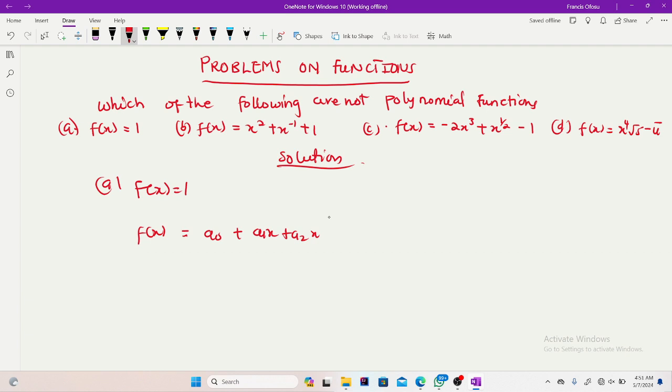So you can have a3 x to the power 3 up to an x to the power n, right? So it has some conditions here. a naught here is just a real number and it shouldn't be 0.